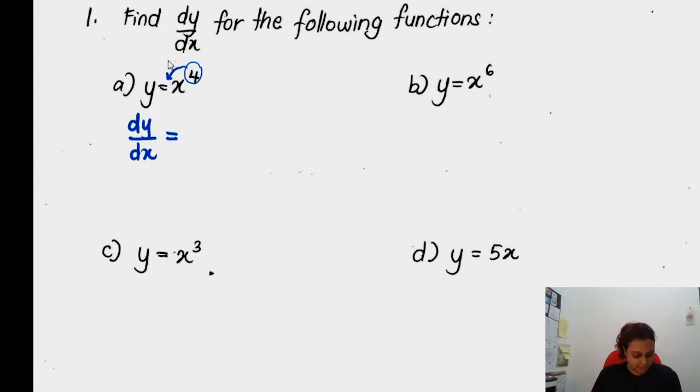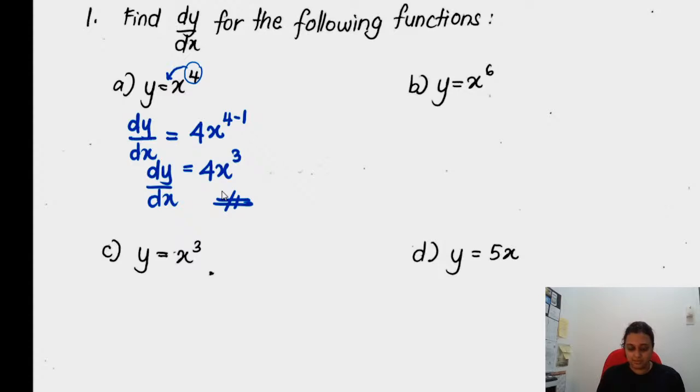Imagine that number 4 is jumping to the front, so 4x. The power 4 must minus 1, so you get 4x power of 3. This will be your first derivative. It's very straightforward and simple: the power must jump to the front, and the power must minus 1.